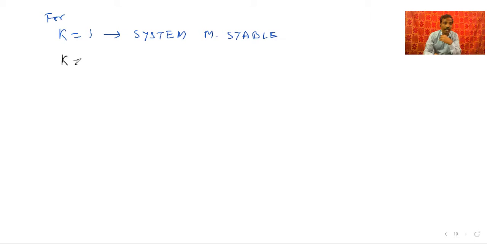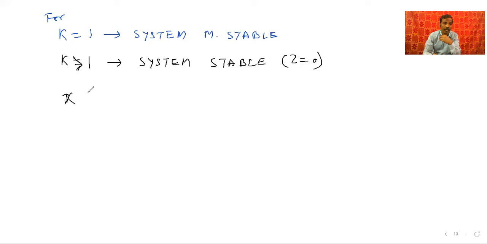When k is greater than 1, the system is stable, because Z equals 0.